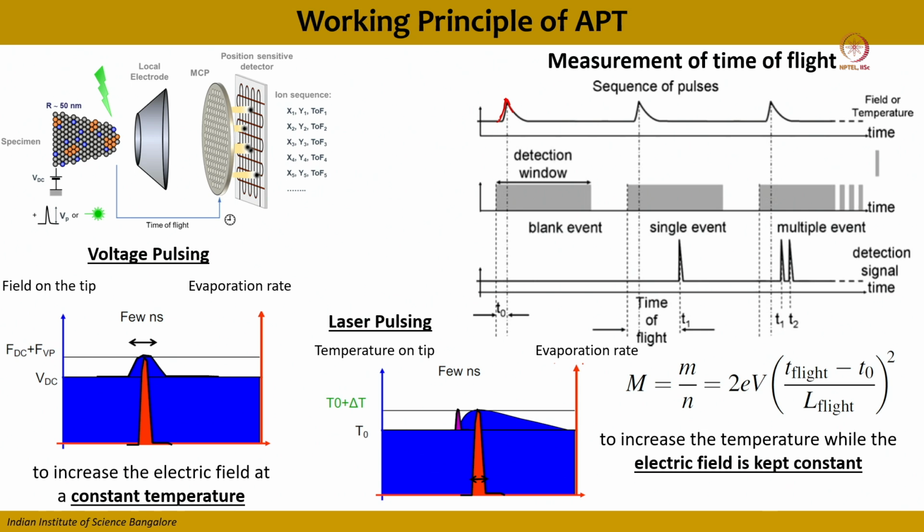It might be possible that during these windows there may be a blank event, a single event, or multiple events. And there is a time difference between the highest point of the pulse and the start of the detector window. This time difference is called T naught, which has to be taken care of when measuring the mass to charge ratio. So this is how the measurement of time of flight is done.